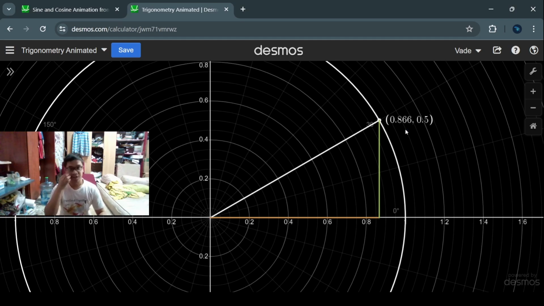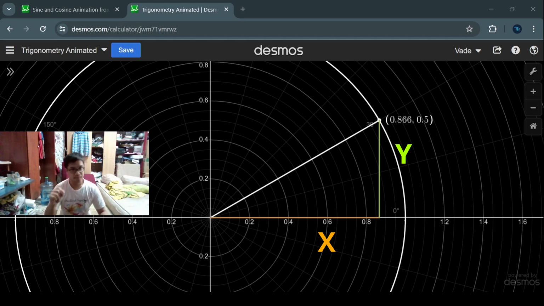Now, here's the thing. You see those green colored lines, all right? Think of it that you form a right triangle. The vertical part, that's the green part. The horizontal part, that's the orange part. In the unit circle, the orange part or the horizontal part of the right triangle is x, while the green part or the vertical part is y.